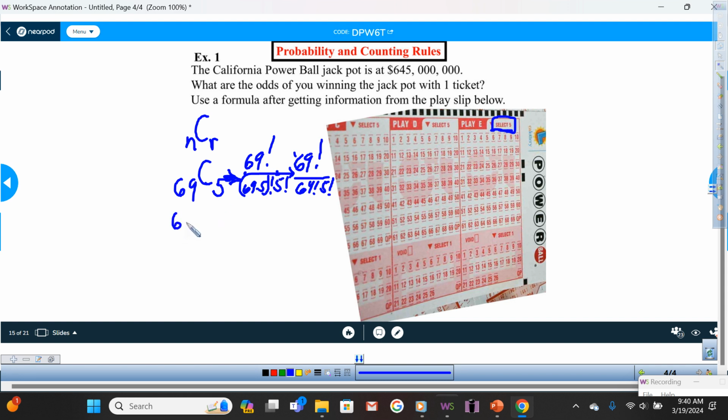So we end up with 69 times 68 times 67 times 66 times 65 over 5 times 4 times 3 times 2 times 1. Does everybody know where the 64 factorial went? Yes, right? Okay.